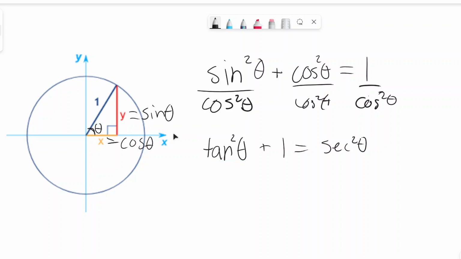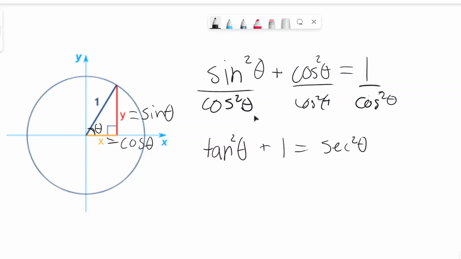And so just squaring that is the same thing as tan squared theta. Cosine squared theta over cosine squared theta, well, anything divided by itself is going to be 1. And 1 over cosine squared theta is the same thing as the reciprocal of cosine squared theta, which would be secant squared theta.